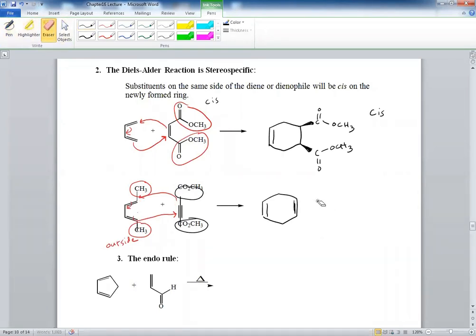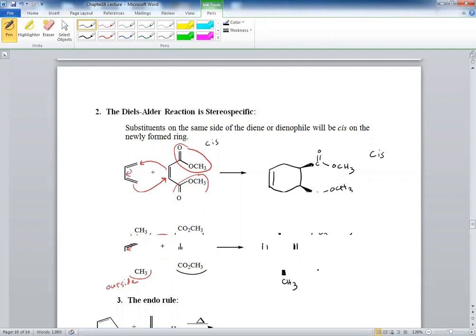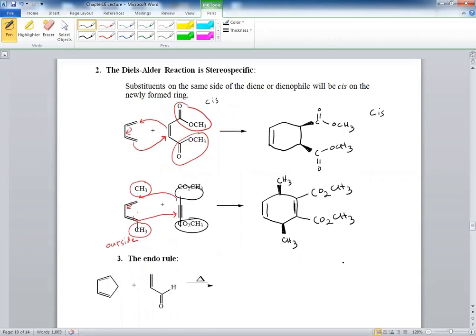So CO2CH3, CO2CH3. And then, like I said, you would have the methyl groups on the same side. So in this case, you would again put a solid wedge for the methyl. So put them on the same side. If they're outside, just put them on the same side.